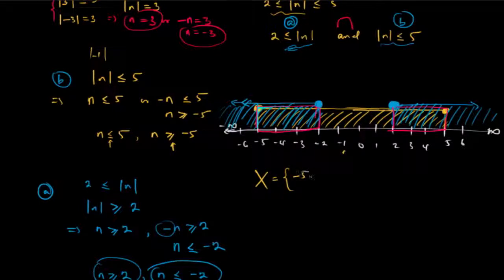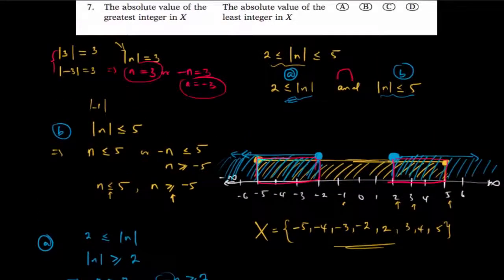So you have -5, -4, -3, then you stop at -2. The other one, you have 2, 3, 4, and then 5. That's where that stops. So this is the solution of that inequality.